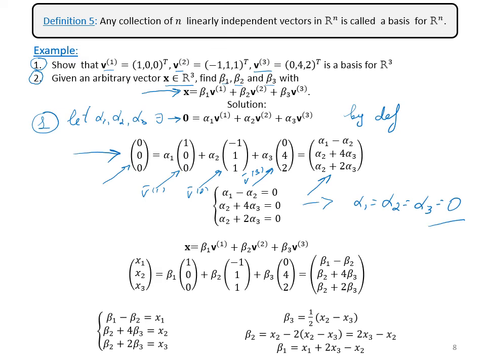Second question. The second question states that we have an arbitrary vector x from three-dimensional space. Let's say that this vector x has components x1, x2 and x3.